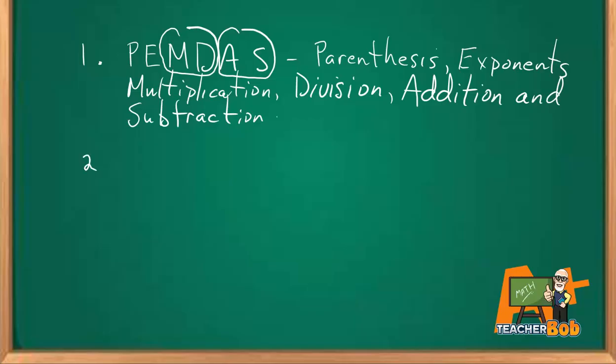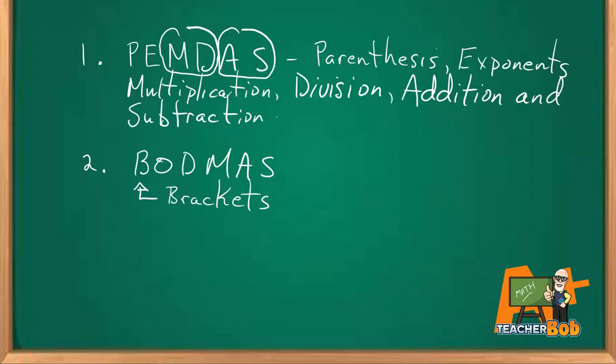Okay, so another acronym is BODMAS. And instead of parentheses, the B in this case means brackets. So we're treating parentheses and brackets the same here. So parentheses looks like this. Technically, brackets look like this.